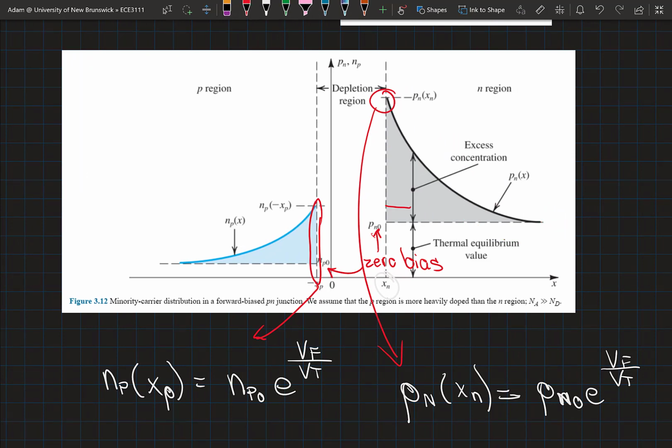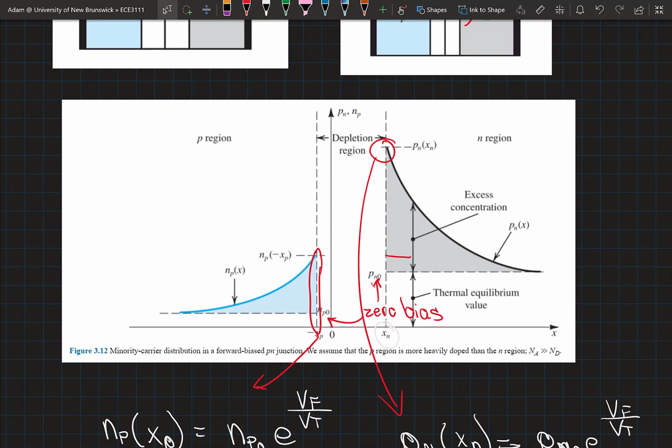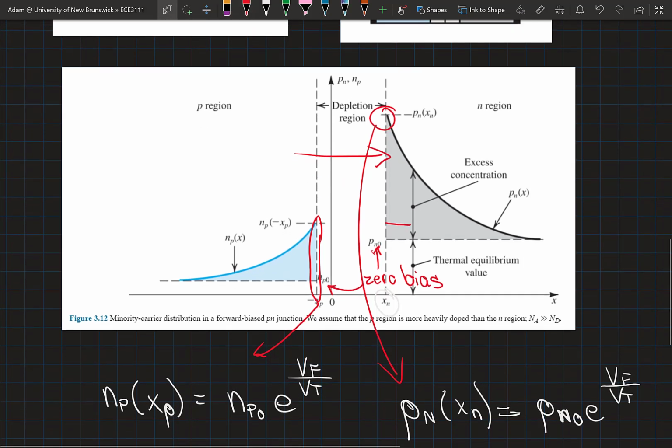So these holes that are appearing in the N-type material are due to an injection of minority carriers due to the effective reduction in the junction voltage, and that increased diffusion current.